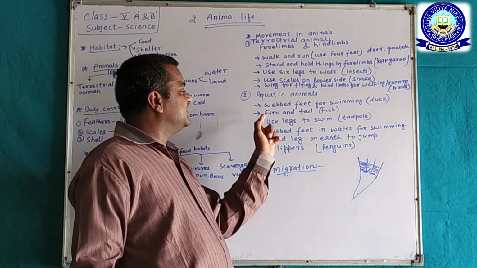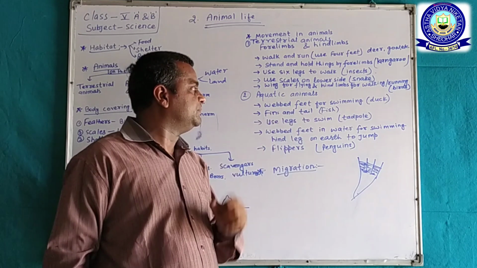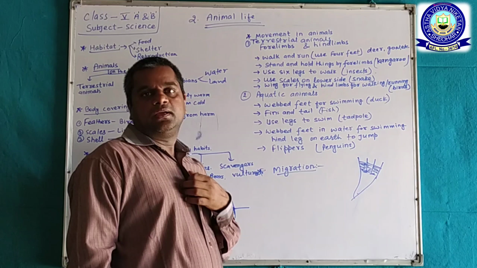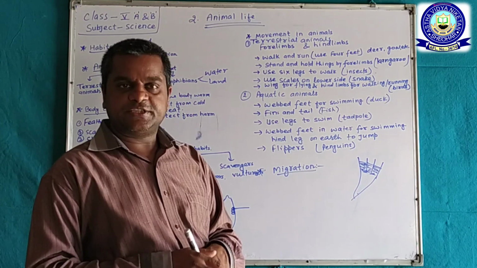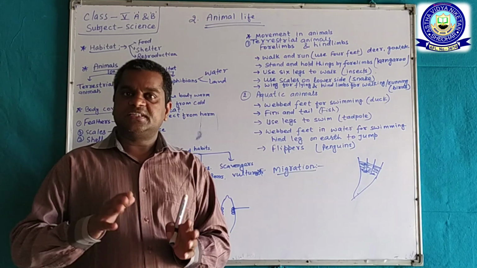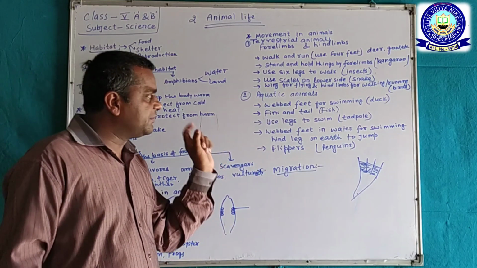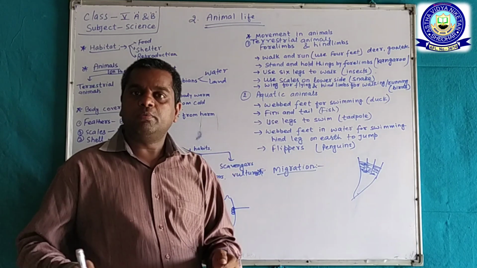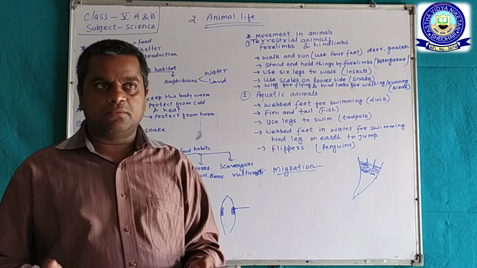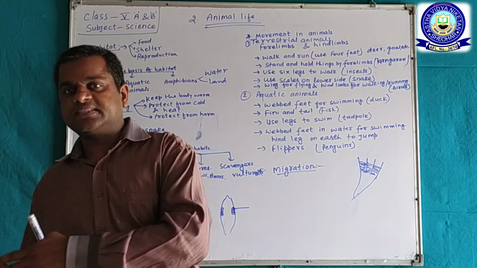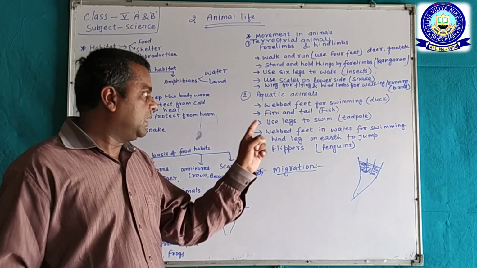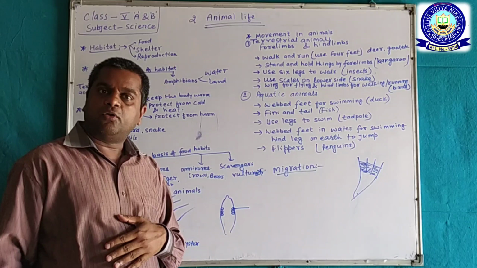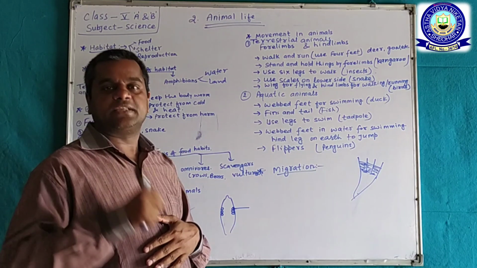Next character is fins and tail. As for example, fishes use their fins to move forward or backward and sideways, and tail for change in direction.